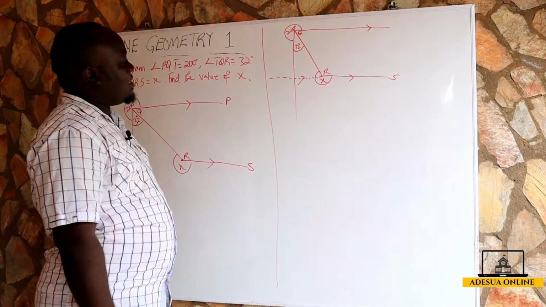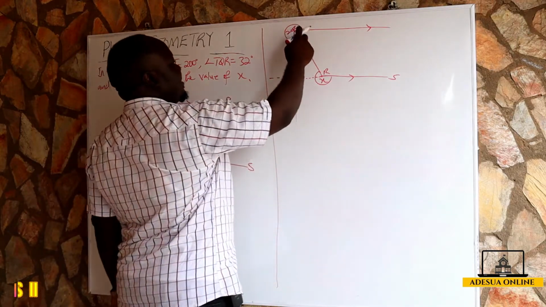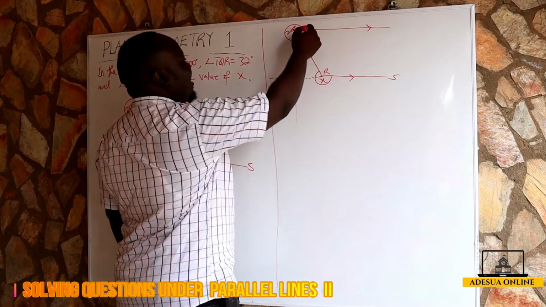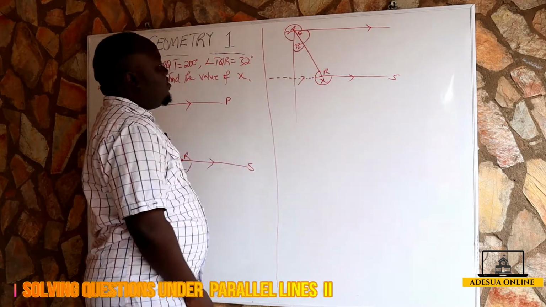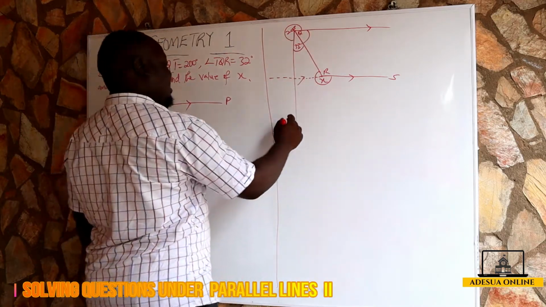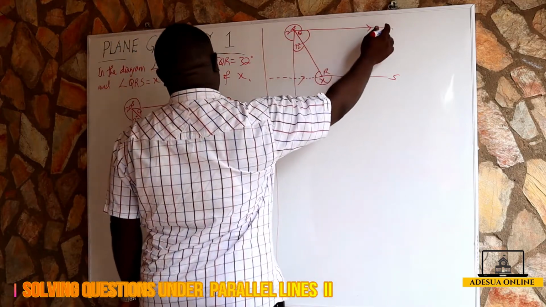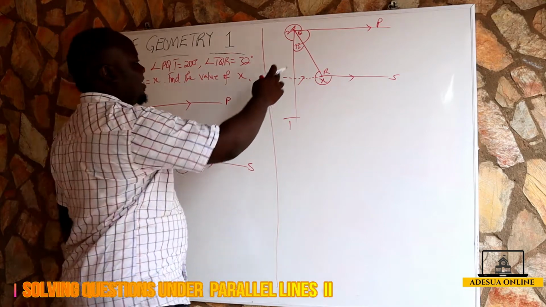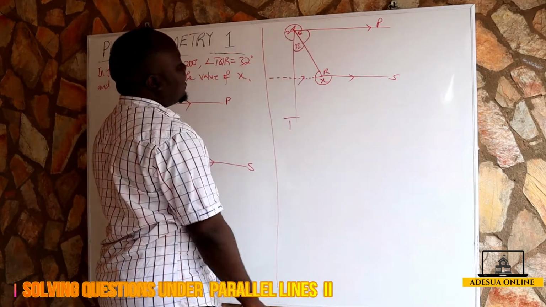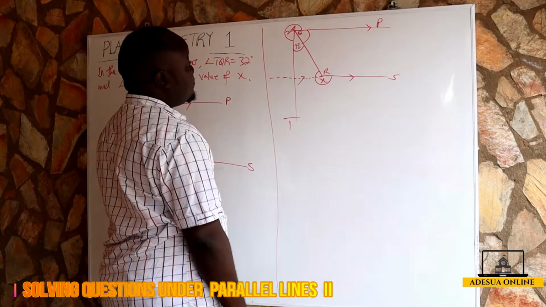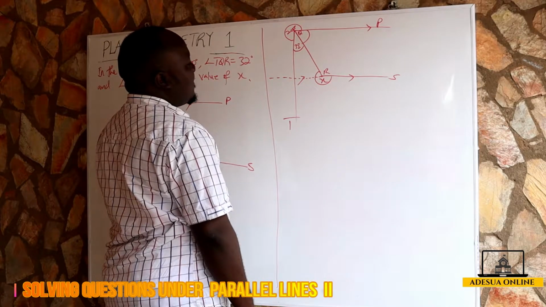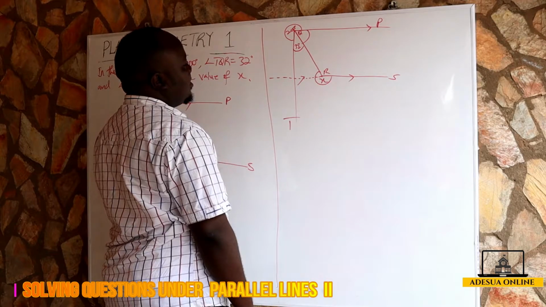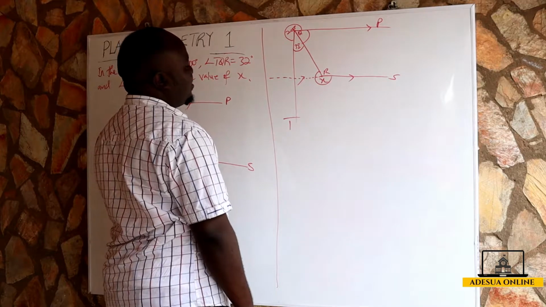So what do we realize? So over here, I know this angle, but I don't know this angle. So we can get this angle first. This is T, Q, and this is P, right? So let's get this angle first. So the angle should be angle PQR.